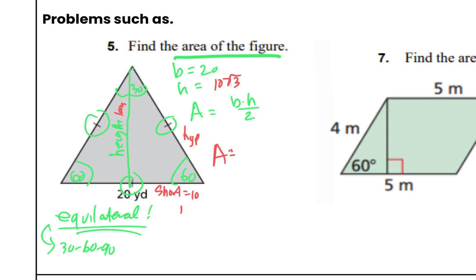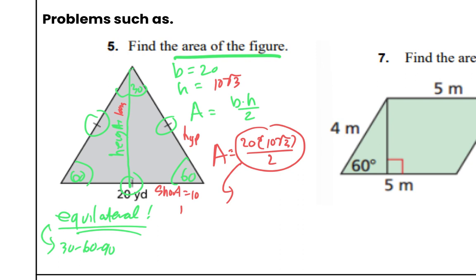So now that we know that, we're going to say the area is our base of 20 times our height of 10 times the square root of 3, all divided by 2. Now this might be an answer, or we could type it into Desmos.